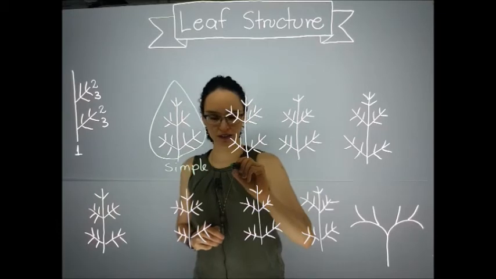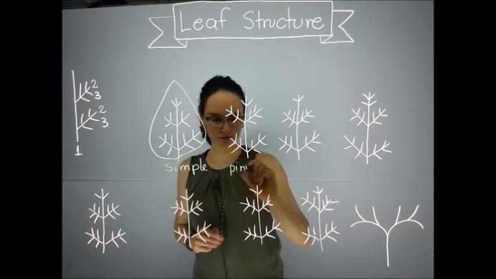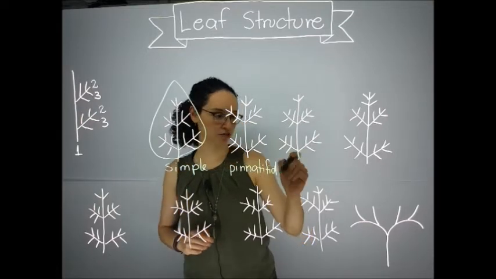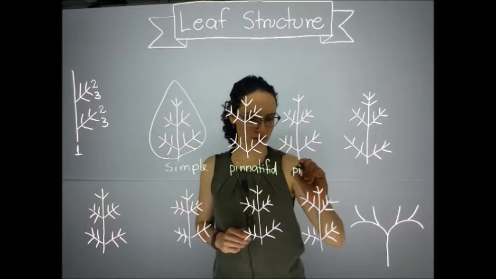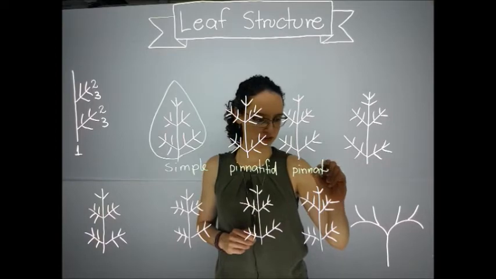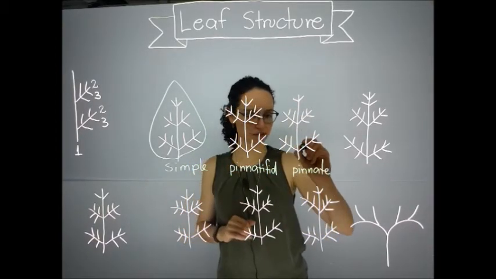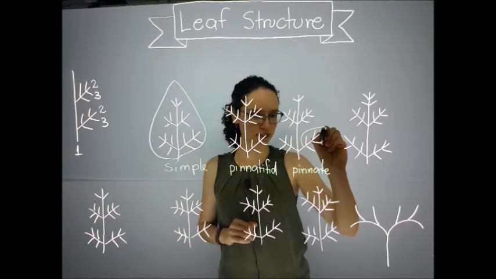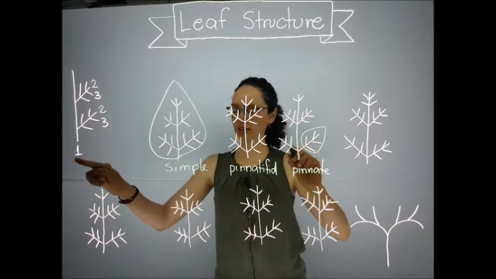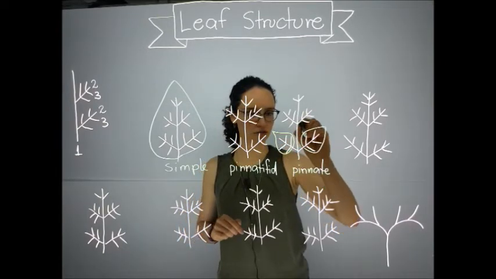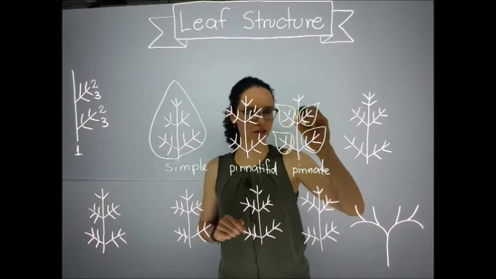In a pinnatifid leaf, or if you look at a pinnate too, in a pinnate, what we see is that the leaflets are separate. So the central axis, what I labeled here as number 1, doesn't have blade around it. And on the secondary, tertiary axis, then you have the little blades.